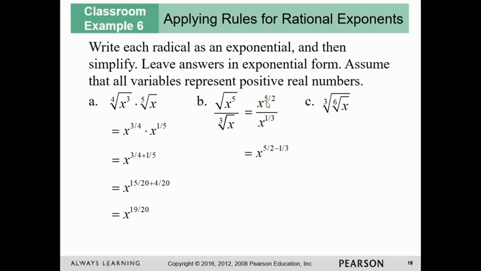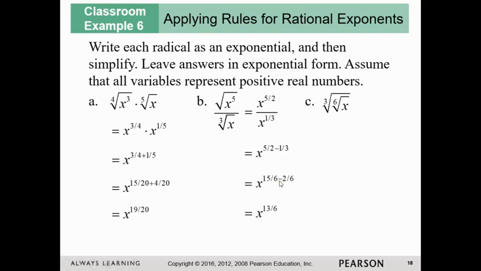What we're going to have to do is subtract the exponents. We find a common denominator of 6, and 5/2 becomes 15/6. 1/3 becomes 2/6. We subtract those exponents there, and we end up with x to the 13/6.